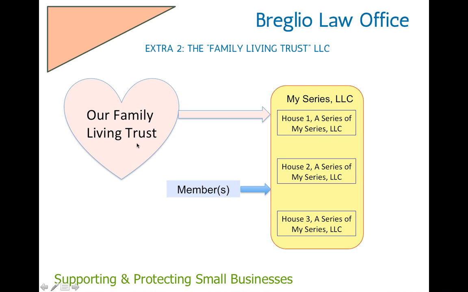And remember, the family living trust is designed to avoid probate, but it can only avoid probate on the assets that it owns. So if it doesn't own the asset, then it's outside of the trust, and anything outside of the trust has to be probated. So part of this LLC would have to be probated, but you still have accomplished the purpose of the family trust controlling most of it and controlling all of your possible other assets other than real estate.